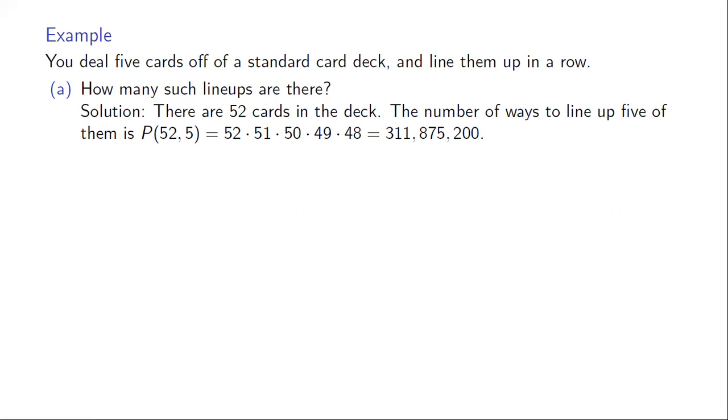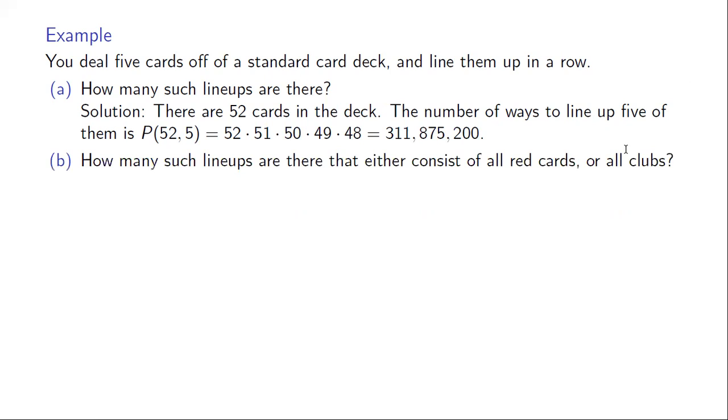Okay, next question. How many such lineups are there that either consist of all reds or all clubs? Again, we're taking 5 cards off a deck, and we want to know how many different lineups there are where all 5 are red or all 5 are clubs.